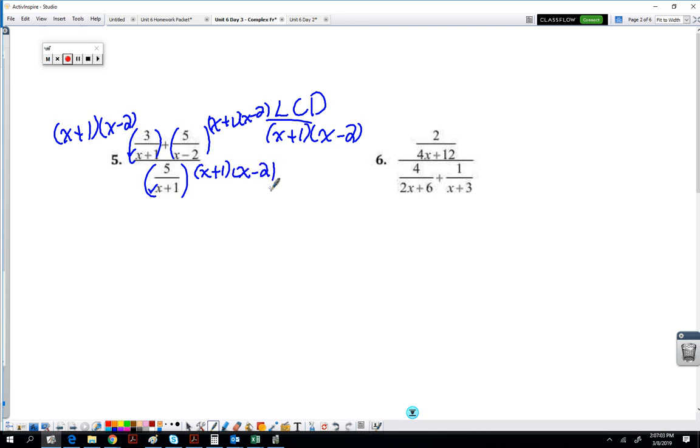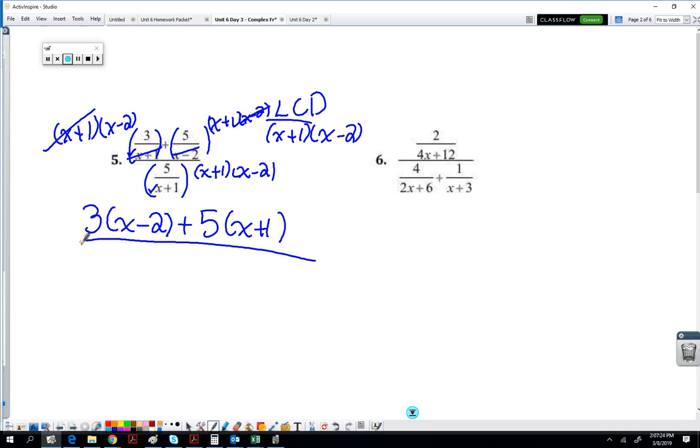Alrighty, so now we can cancel stuff out. We can do one of my favorite things. I love canceling. X plus 1 and x plus 1 goes away, so I'm left with 3 times x minus 2. And now I can cancel out x minus 2, and I'm left with 5 times x plus 1. And on the denominator, I can cancel out x plus 1, and I'm left with 5 times x minus 2.